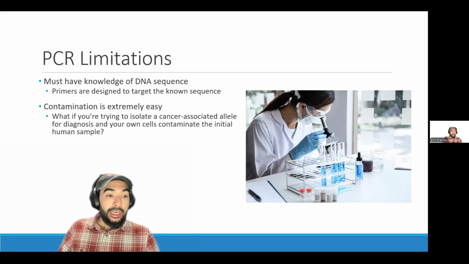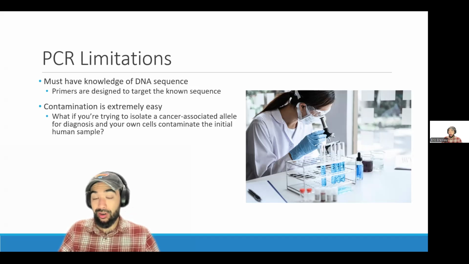If our own tissue sample falls into the patient sample and then we run it through PCR, it can either muddy up the results or even cause a false negative, and your DNA gets amplified instead. If that's the case, it's showing the results for you and not the actual patient. So if they have cancer, it can come out as a false negative. Really easy to contaminate, so a lot of care has to be taken.